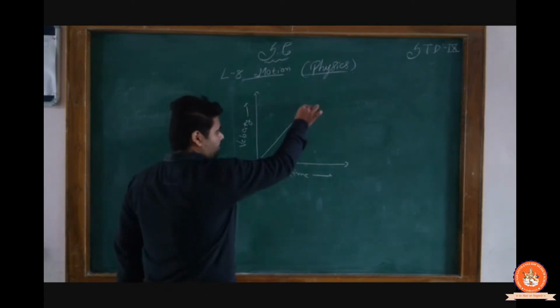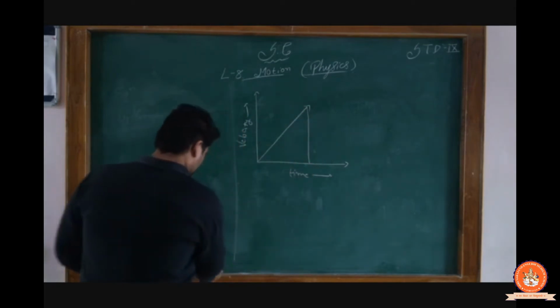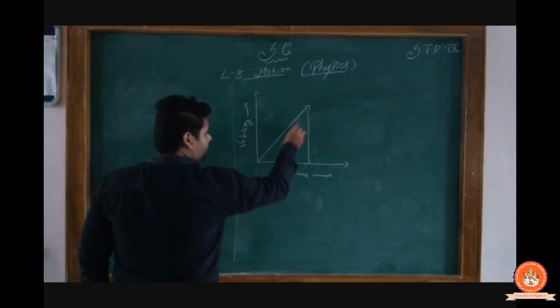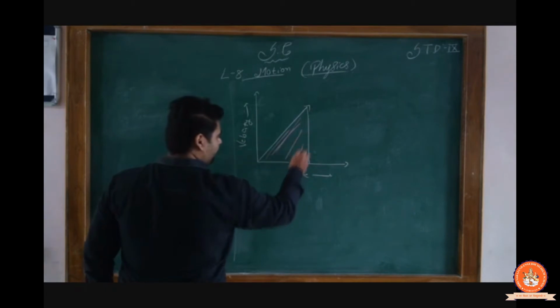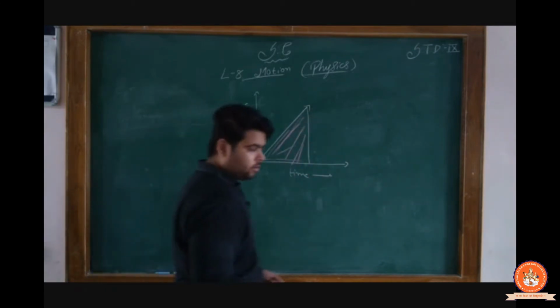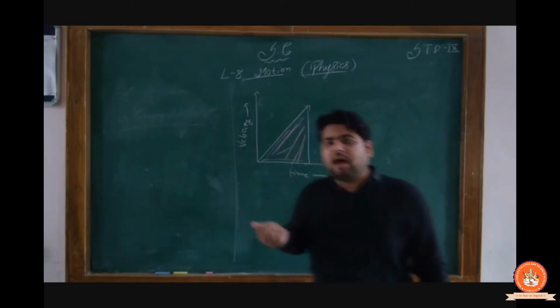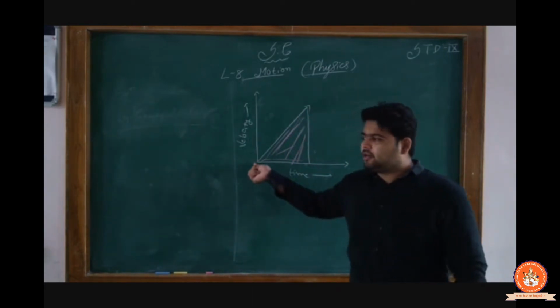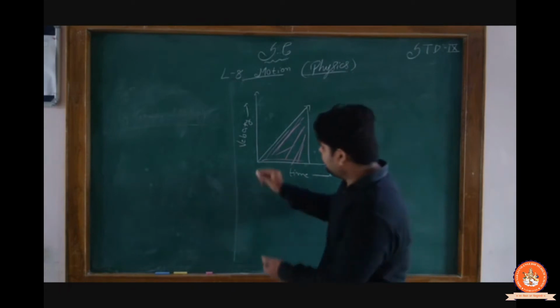The area covered by the thing traveling from the initial velocity to the final velocity, this is our initial point.